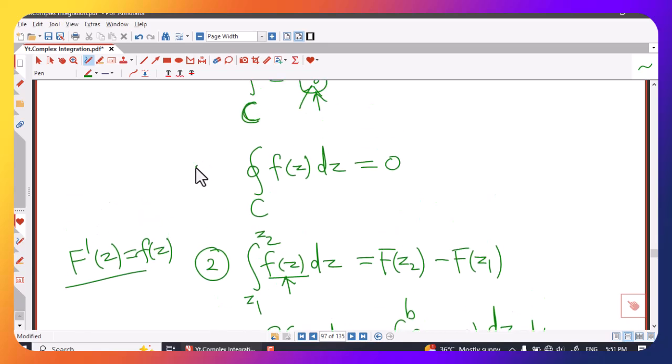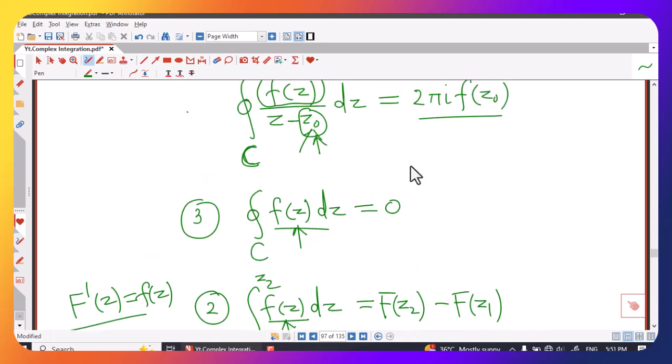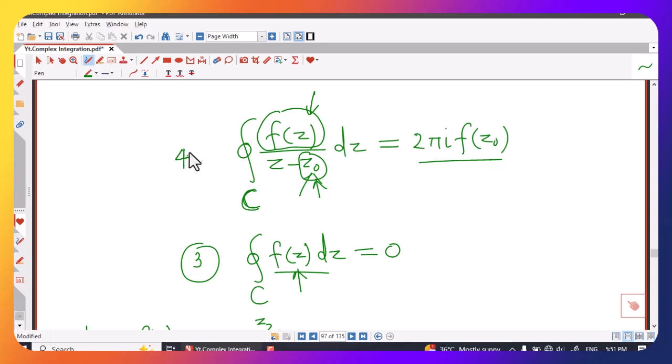Then we discussed Cauchy-Goursat theorem, that if our function is analytic everywhere inside and on simple closed contour C, then integral is always 0. And now we have another tool, Cauchy integral formula, which says that if our function is analytic everywhere inside and on a simple closed contour C, and if z0 is any point interior to C, then this integral is given by 2 pi i times value of this function f of z at z0.